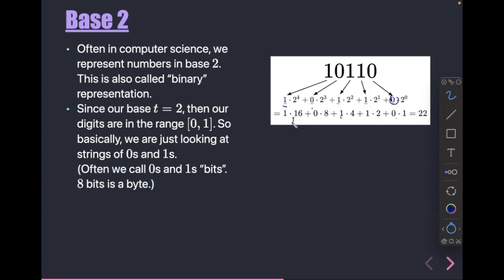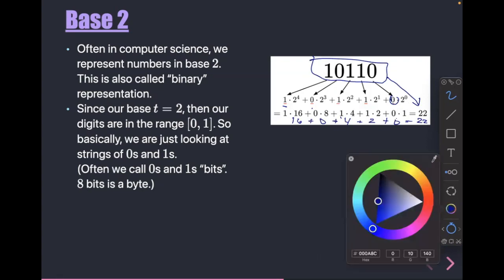So 1 times 16 is 16, plus 0, plus 1 times 4, which is 4, plus 1 times 2, which is 2, plus 0. So 16 plus 4 is 20, plus 2, which is 22. And so this is my binary representation of the number 22.